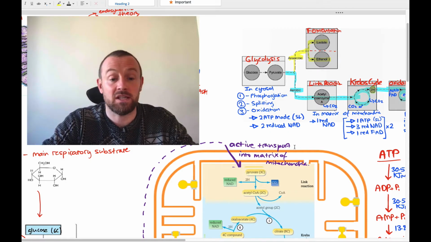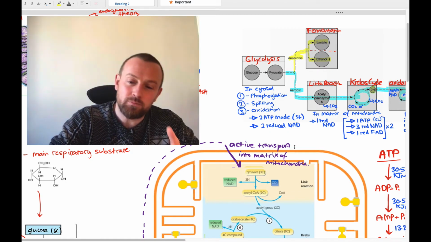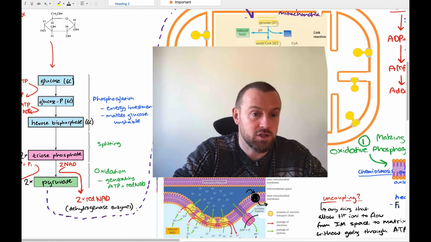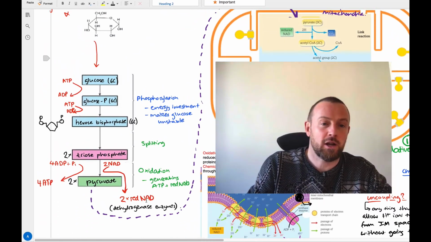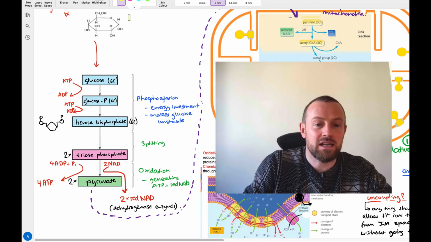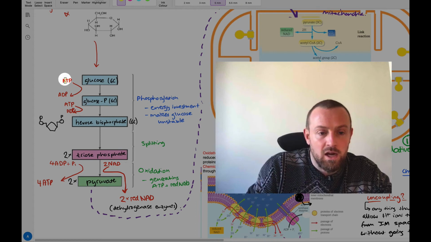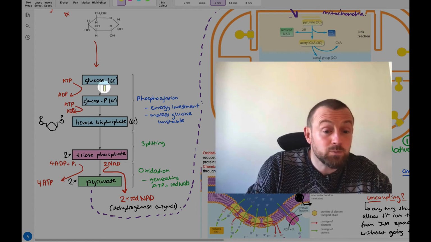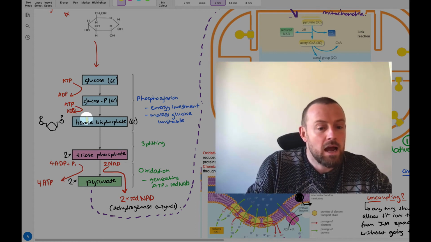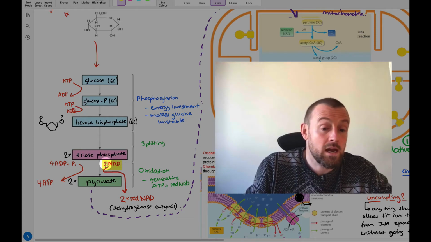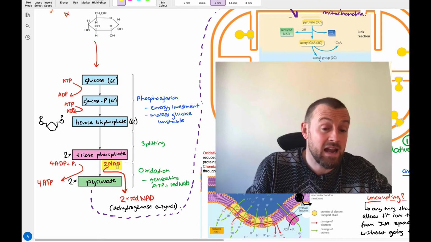Now, what is the point of this? Why is this needed? Well, first, let's quickly focus on glycolysis once again. So let's look down here and look at glycolysis. What things are needed for glycolysis to happen? Well, we need some ATP to put in at the beginning. We need glucose. We need some more ATP here. And over here, we need some oxidized NAD.